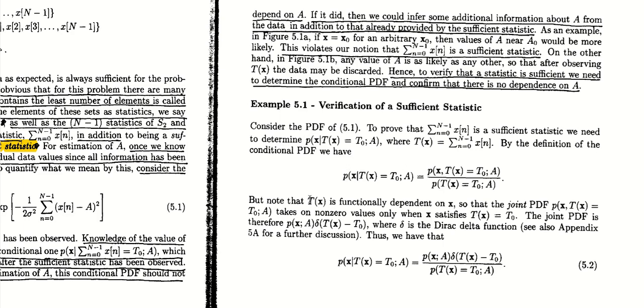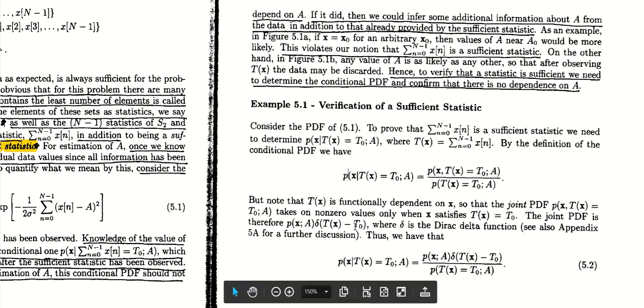Note that P of X is functionally dependent on X, so the joint PDF is non-zero only when X satisfies this. So the joint PDF is therefore this.